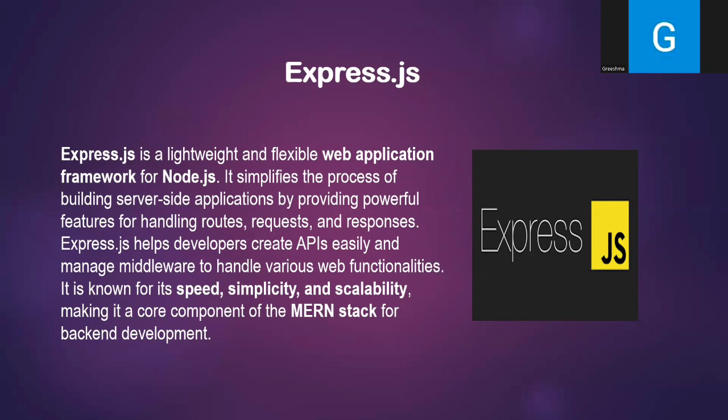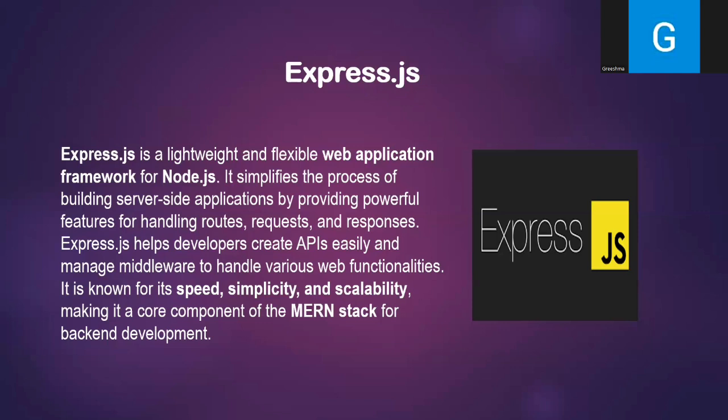Express also supports RESTful APIs, which allow smooth communication between the front end and back end. It's lightweight, fast, and highly flexible, making it perfect for creating strong server-side applications. In our project, Express.js handles all backend logic and connects the front end with the database.